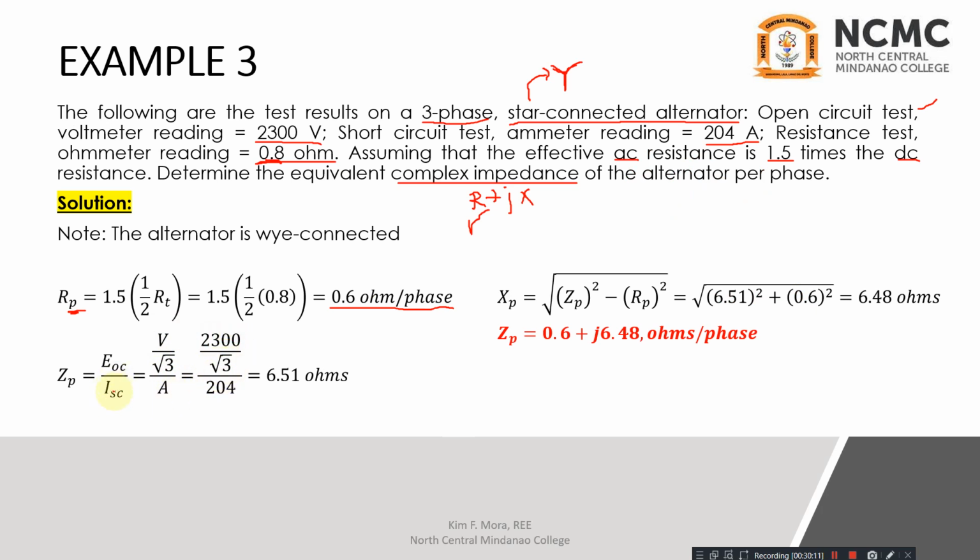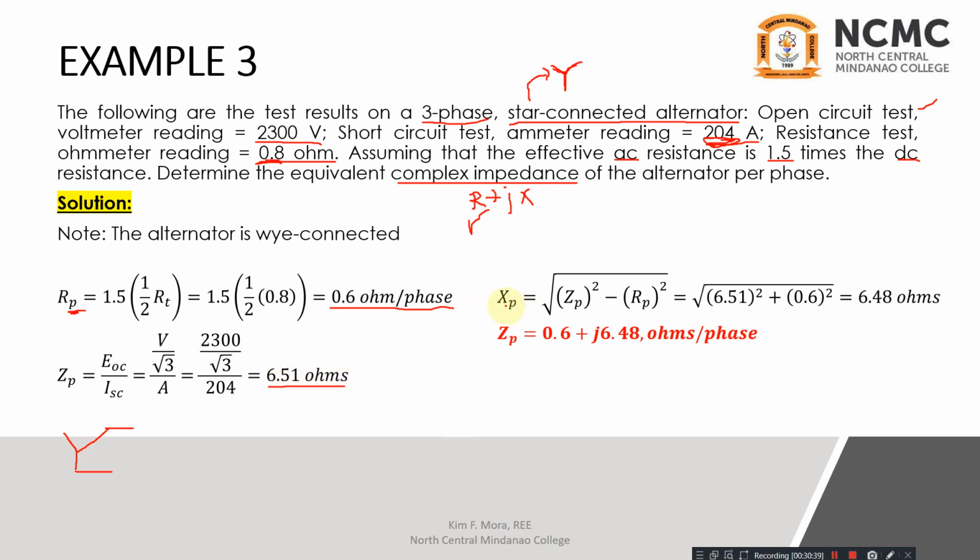Then remember, in Y connected, the current is just the same, the same current flows. So that's why our current is directly the value of the result, which is 204. So 2,300 divided by square root of 3 over 204. The answer for that is 6.51.